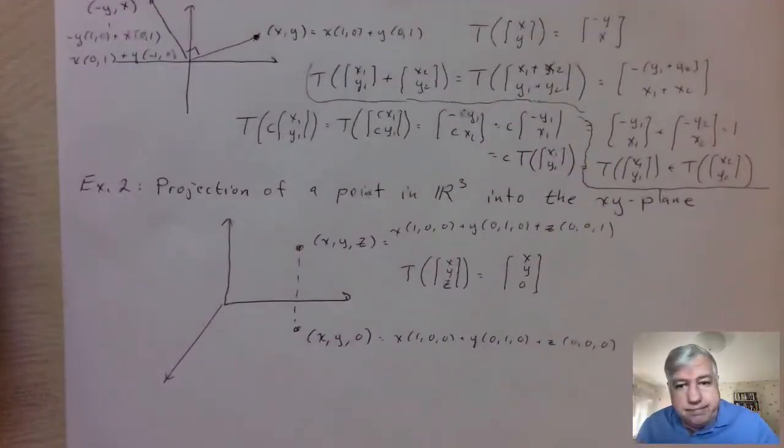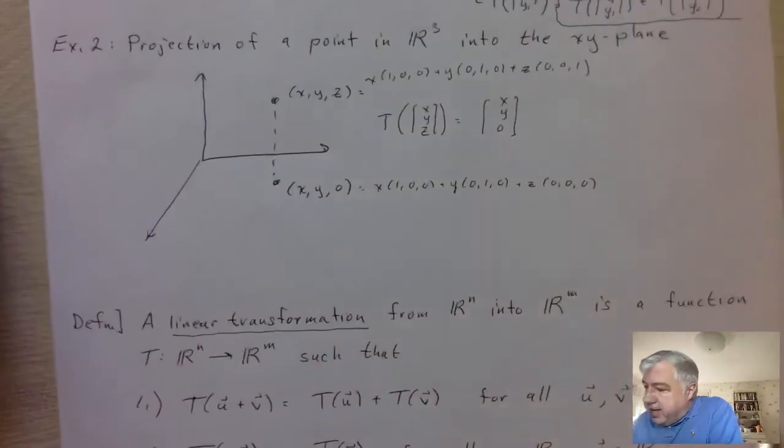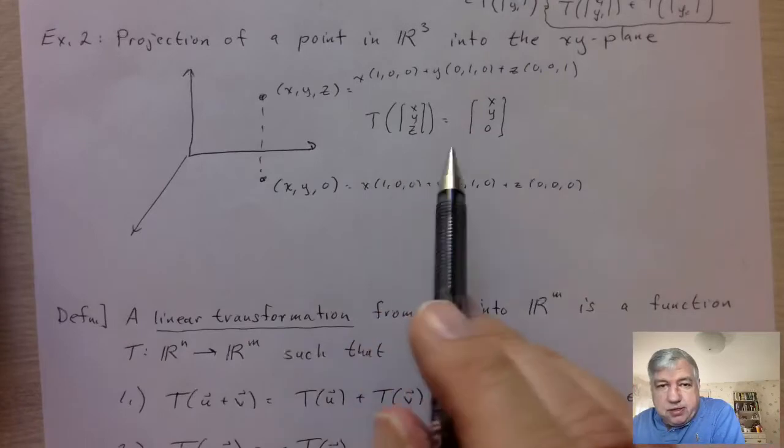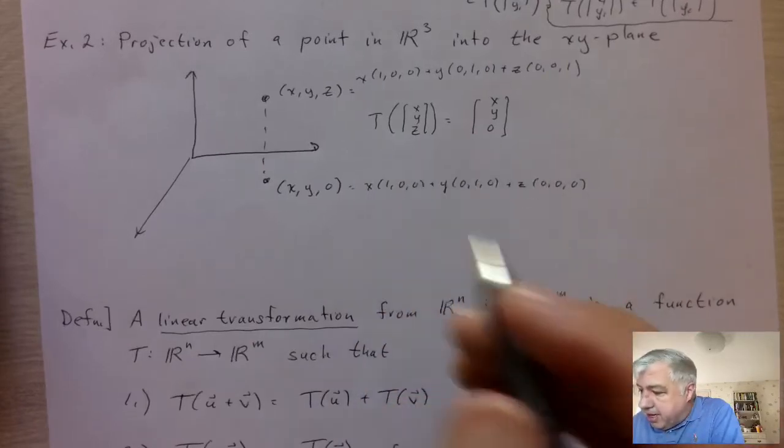All right. In the second example, I think you can see it's also pretty straightforward that this is a linear transformation.